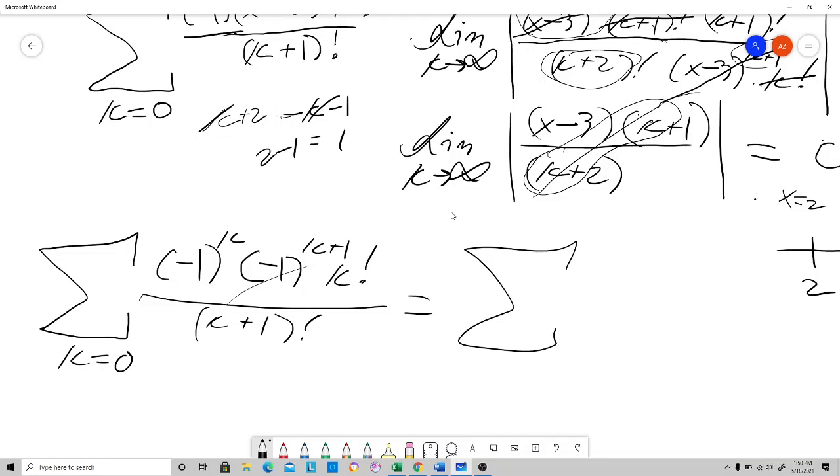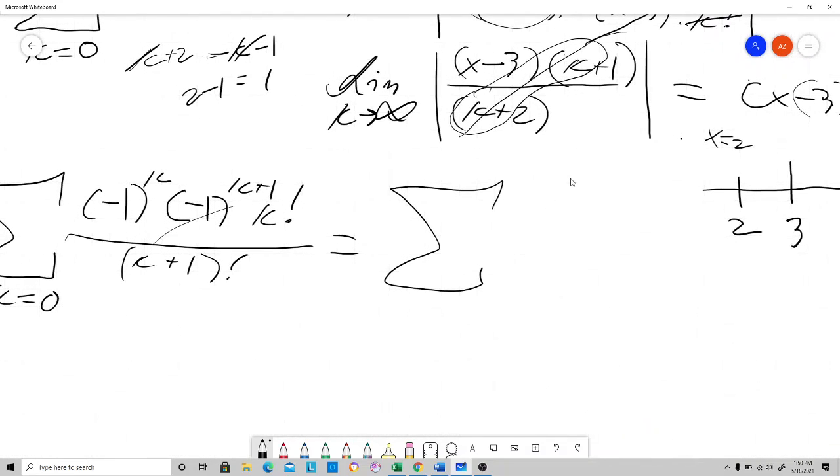If you notice these factorials, they both have a coefficient of 1, so this k factorial is actually going to go away, and then we're just left with k plus 1, and this negative 1 is raised to the k times negative 1 to the k plus 1.